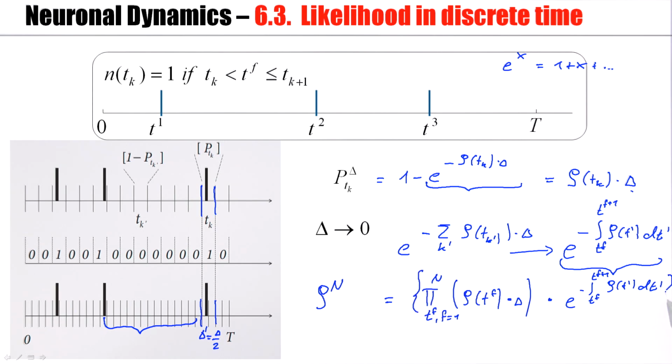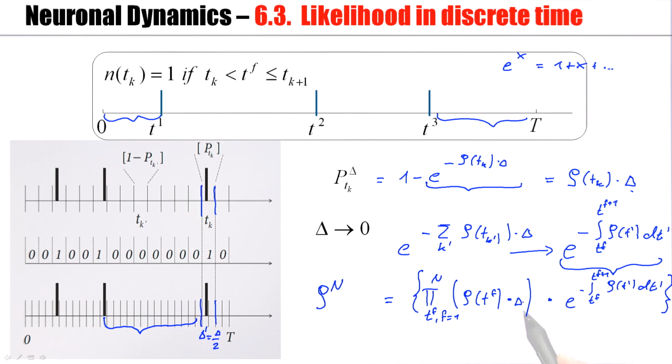And the product is over all these different firing times. Plus I should add the intervals at the beginning and at the end. I don't have the space to do so, and it's not important for the argument that I'm going to make.